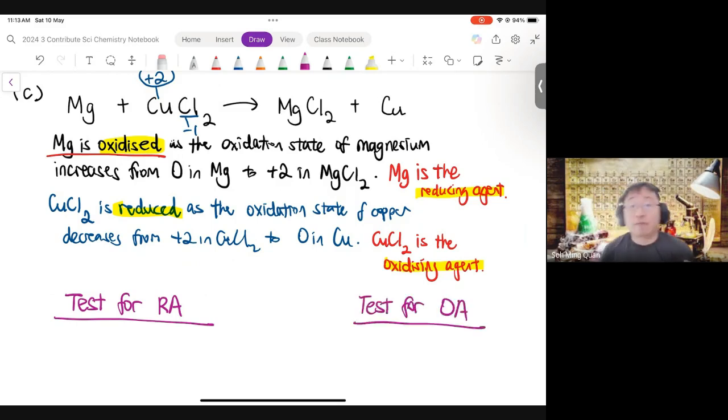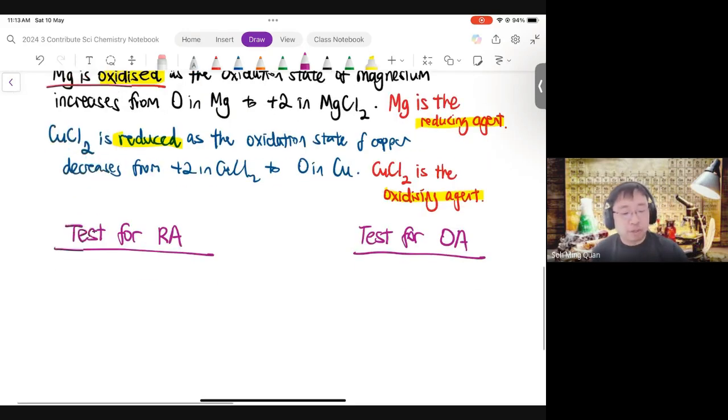RA stands for reducing agent, OA stands for oxidizing agent. Now, to test for reducing and oxidizing agents, we have different tests. It's just like QA. Remember, to test for carbon dioxide gas, you use lime water. When you wanted to test for ammonia gas, you would use a piece of moist red litmus paper. So same here, the test will be different, right?